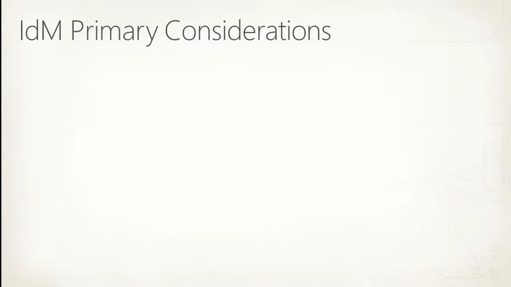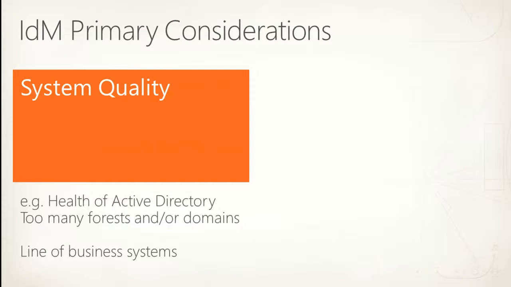Then we also have the system quality. This one is a little bit more technical, but it tends to be driven by organizational aspects. So if we are going to do a large-scale deployment of SharePoint and use Active Directory for our profile synchronization, we're going to have to understand the in-place health of the existing Active Directory.